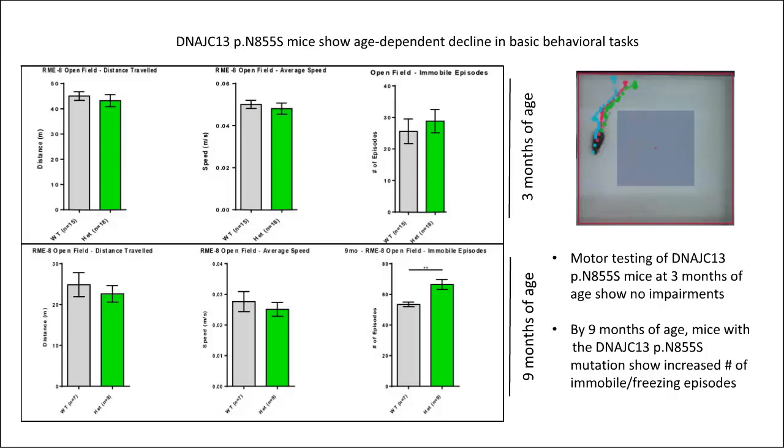However, what's kind of interesting and quite nice in terms of recapitulating and modeling the disease, we see that the mutant mice begin to have far more episodes where they just randomly freeze on the spot, and that is a nice aspect of the mouse model that recapitulates particular aspects of the disease.